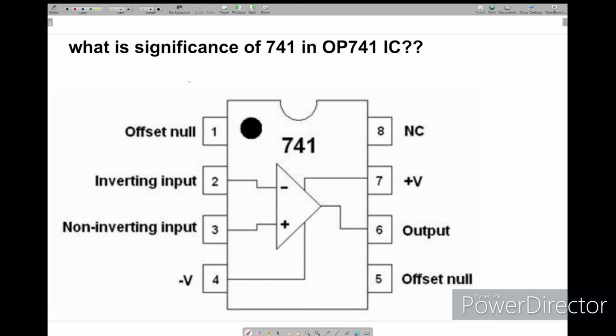Now, one interesting interview question is, what is the significance of 741 in the 741 IC?